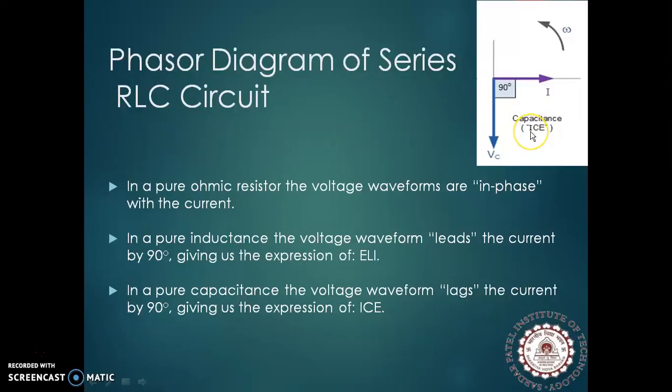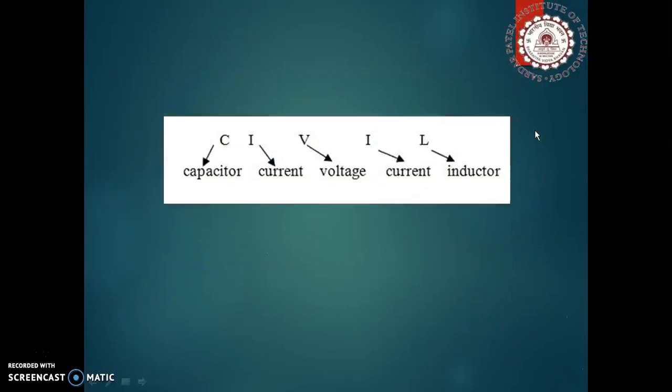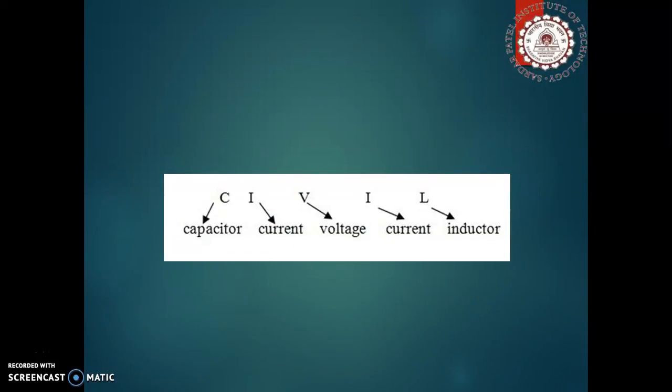So current leads the voltage or EMF in a capacitor. We can also remember this by a one-word mnemonic CIVIL, where CIV implies in capacitor the current leads the voltage, and VIL implies in inductor the voltage leads the current.